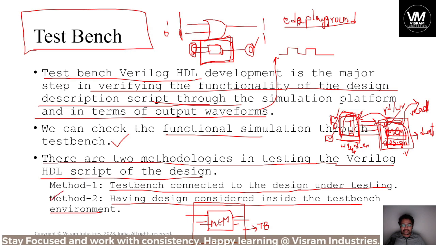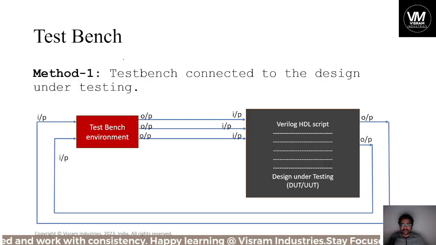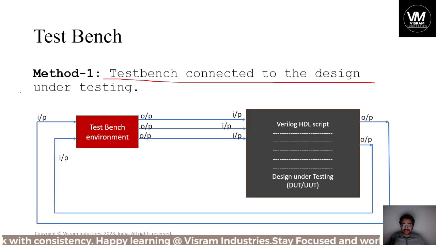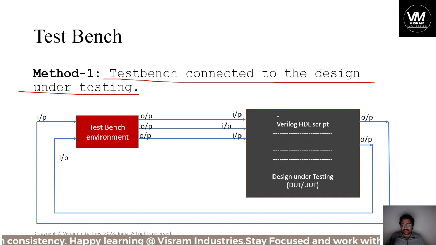Mostly we use the second kind of environment. We will explain it in the next lecture. So this is method one, where the test bench is connected to the design under test. If your design is very small, like a multiplexer, an AND gate or OR gate, any logical circuit, a decoder or a simple memory device, it can be connected to the test bench environment, where it has all the values.